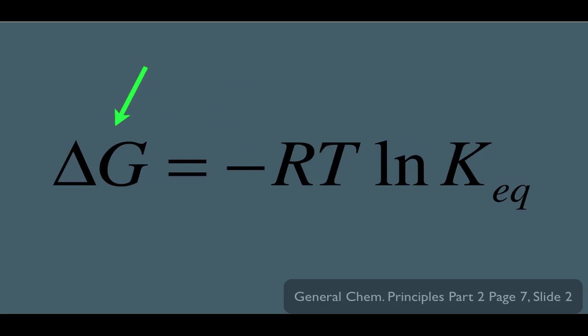And remember, we said a reaction that has a negative delta G value is favorable. And vice versa, if you plugged in a KEQ that was less than 1, then the natural log of that number is negative, which means in that case your delta G will be positive. And again, a K value less than 1 and a delta G value that's positive for a reaction means that that reaction is non-favorable.